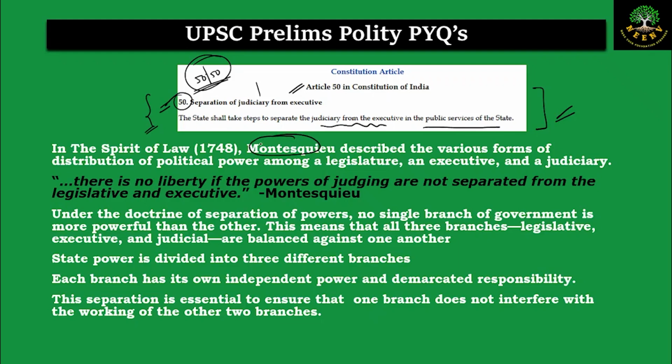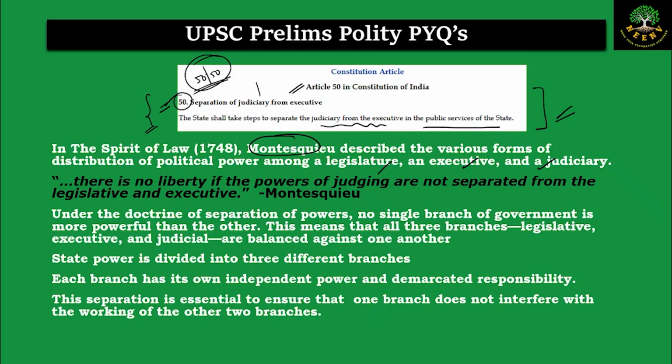Montesquieu says that the powers of a government are divided into 3 different branches: the legislature, the executive, and the judiciary. And why are the powers divided? So that no single branch should have so much power that it acts as an absolute power. That is why the powers are divided among different branches, so that they can balance each other, so that ultimately checks and balances can be put on the powers.